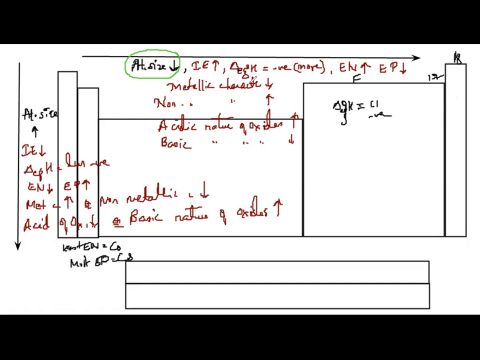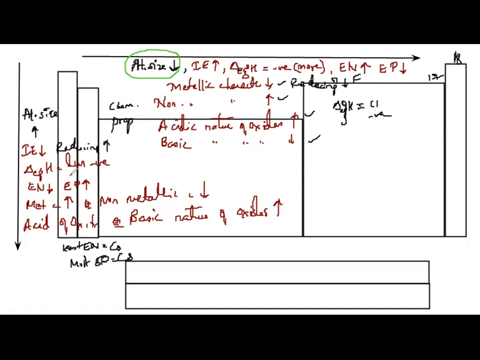Then metallic character, non-metallic character, acidic nature of oxides and basic nature of oxides come under chemical properties. So metallic nature means what? It is the tendency to lose electrons, and that is nothing but reducing property. So the reducing nature of metals decreases across the period, and increases as you move down the group.